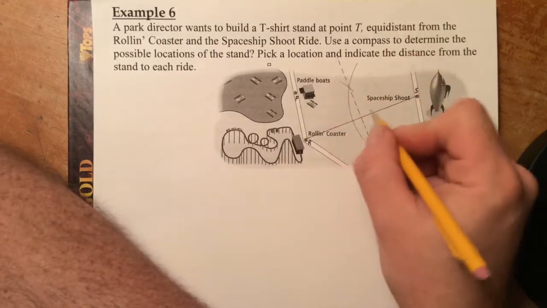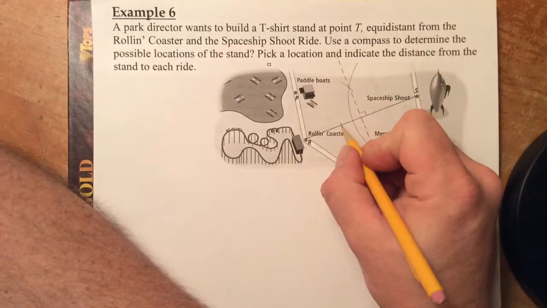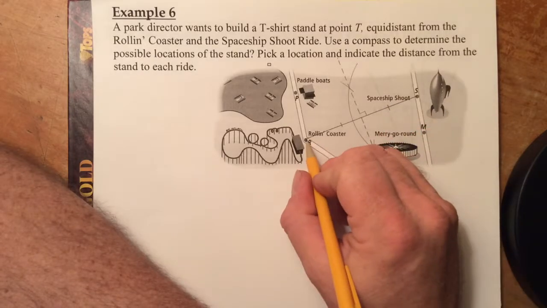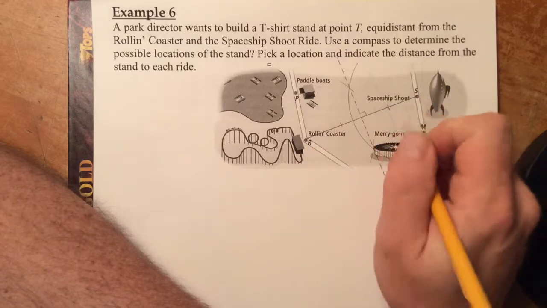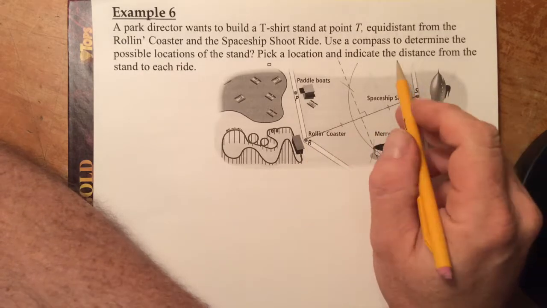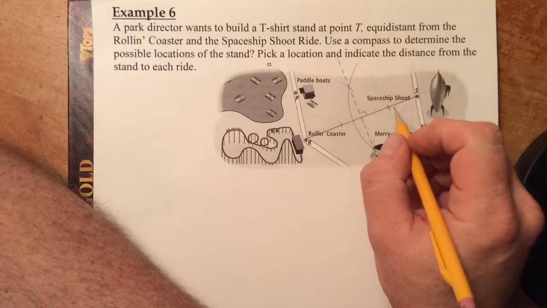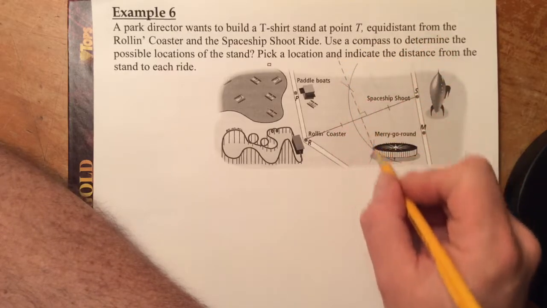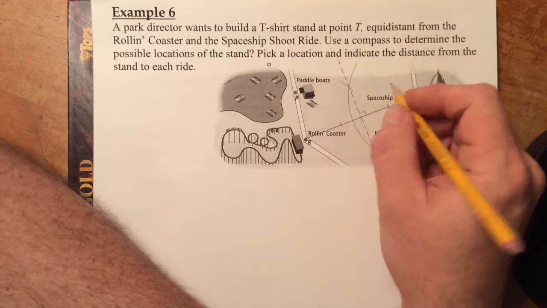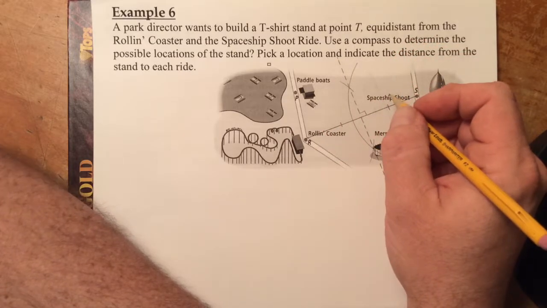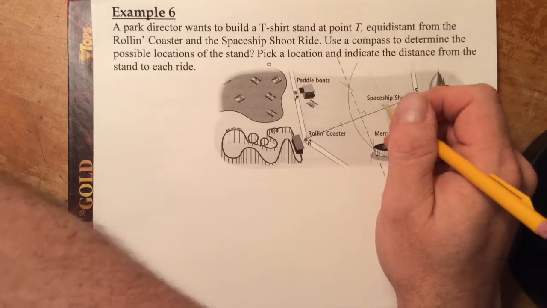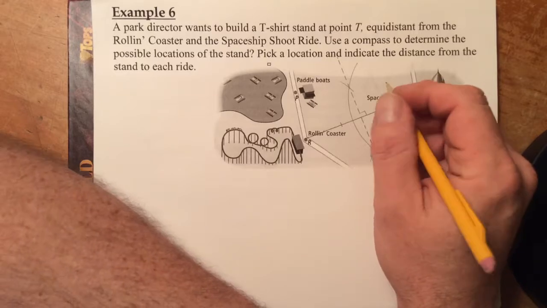This is the perpendicular bisector between R and S. So, what does that mean? That means the t-shirt stand can be any point along this line because it's anywhere on the perpendicular bisector. So, we're using the perpendicular bisector theorem.